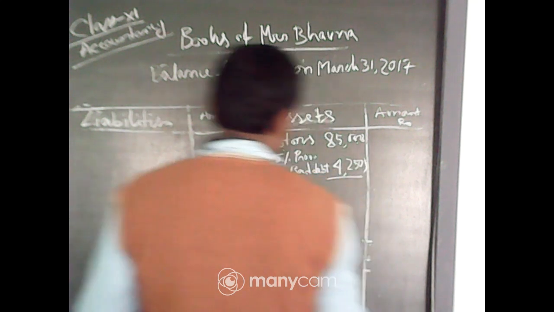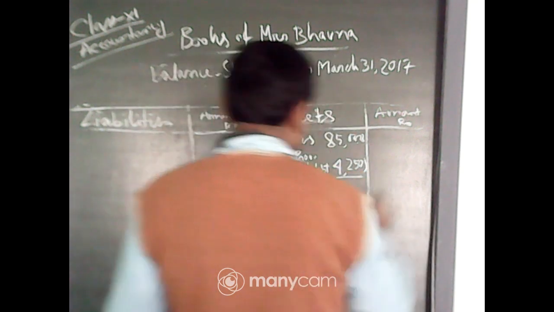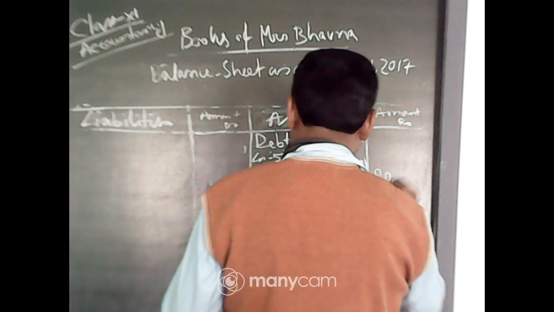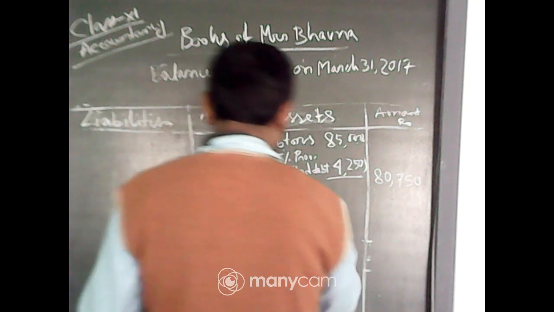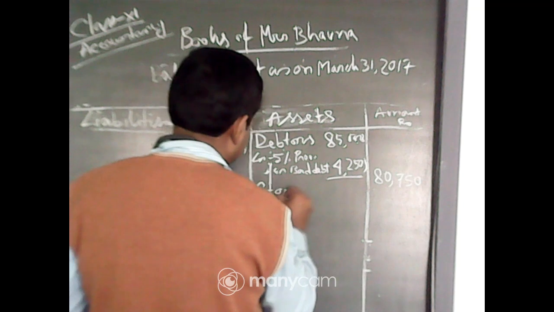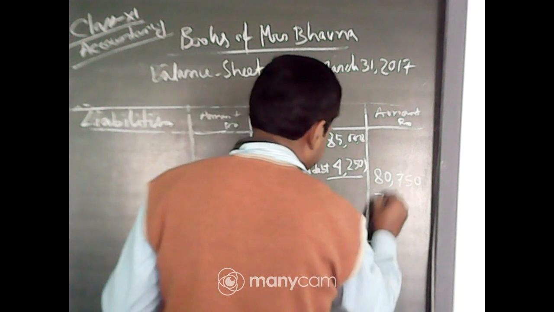Okay, so the figure will become 80,750. Now next is stock, closing balance given in the question, that is 70,000.